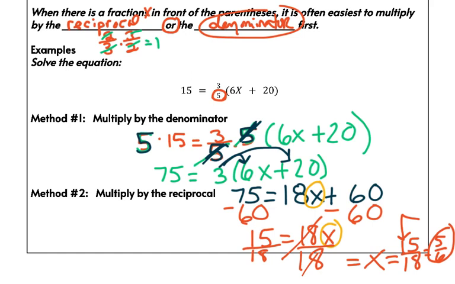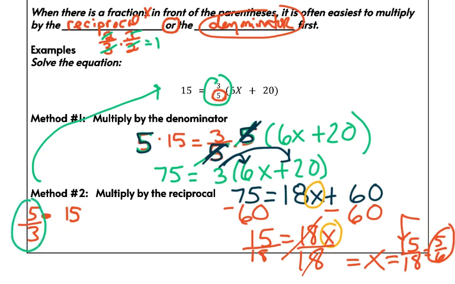Now my other option is to multiply by the reciprocal of the fraction. So I'm going to take that 15 and multiply it by the flip on the left. And again, I'm referring to up here, I'm going to multiply by the reciprocal on both sides. So here's my reciprocal. I'm going to take my 3/5 and multiply it also by the reciprocal.